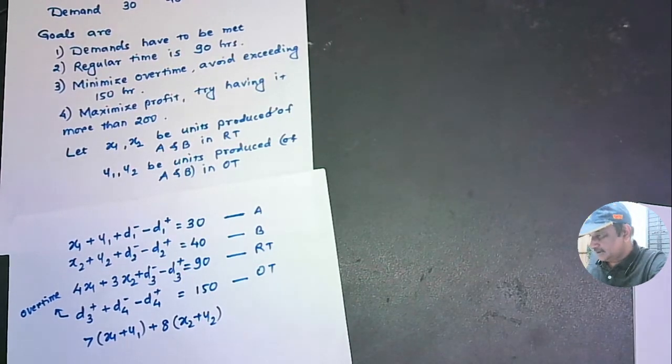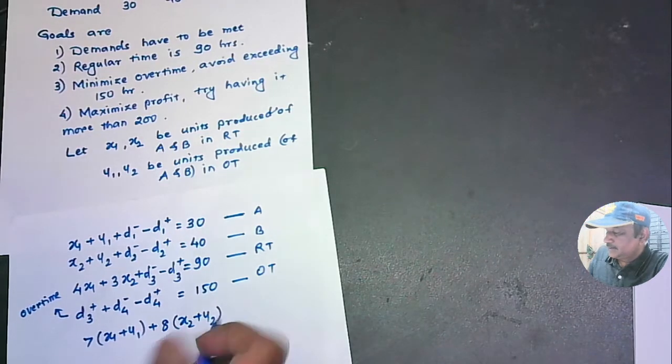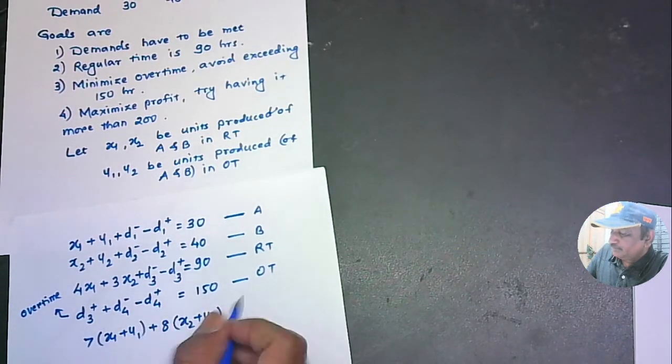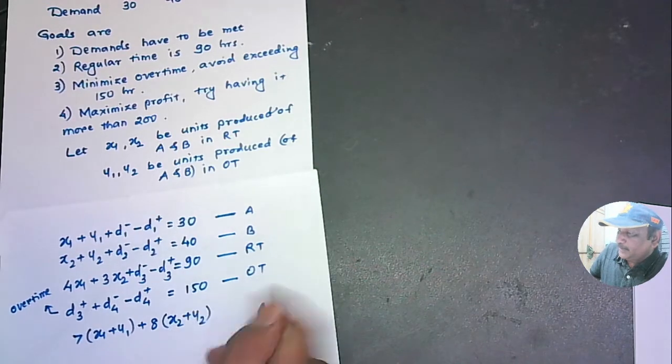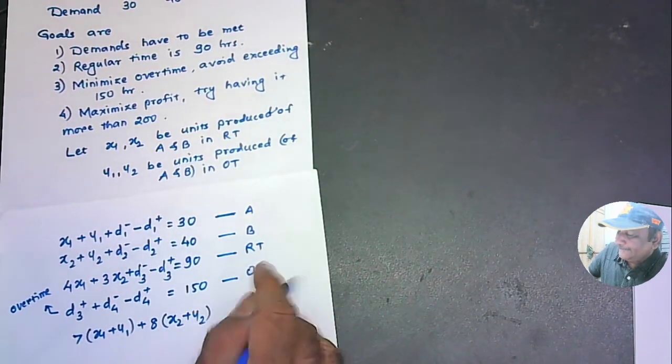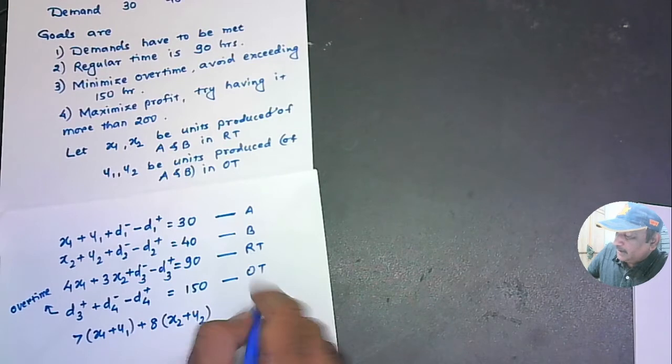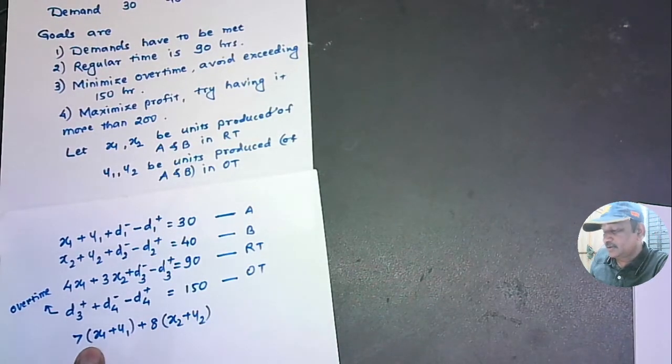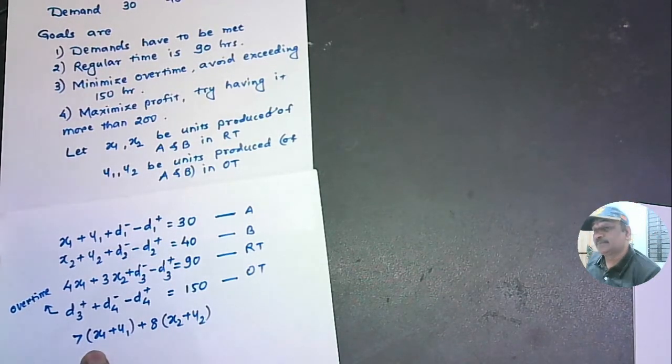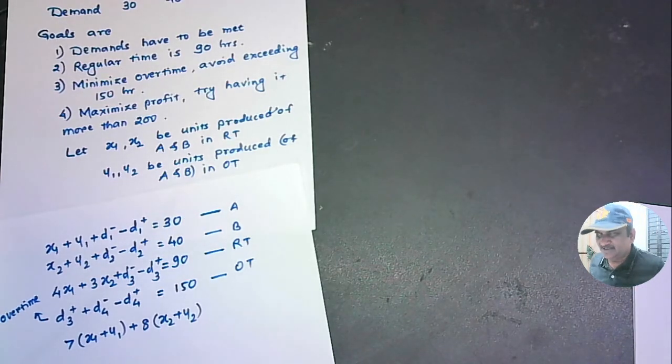This is the profit, and this is to be equal to, as I have to target the profit to 200. Actually, the profits on items produced in regular hours and in overtime hours are going to be different, because overtime production is charged highly, and the cost of regular time production is going to be less.